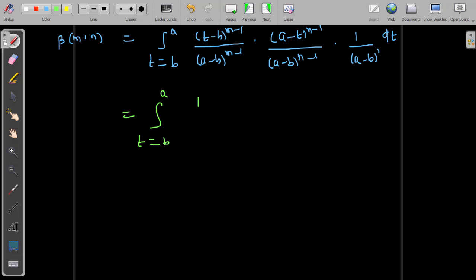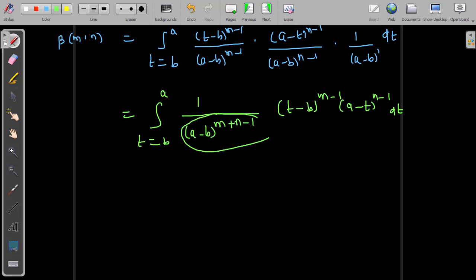Okay, denominator 1 by (a minus b) whole power m plus n minus 1, because plus 1 minus 1 cancel out. When it comes to numerator, (t minus b) power m minus 1 times (a minus t) power n minus 1 dt.